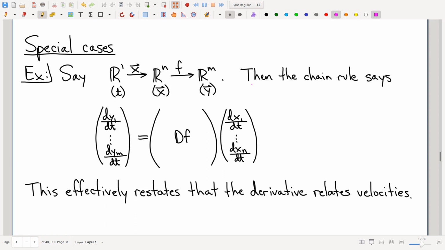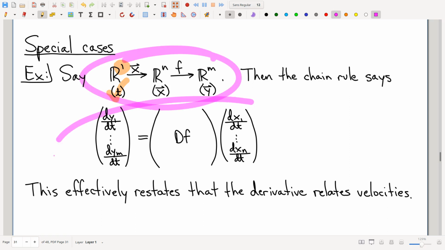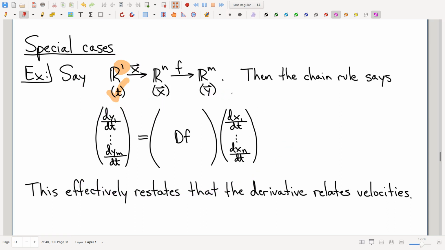So here we go, starting with what happens if you have one and only one input variable. What does the chain rule turn into in that case? Well, you can just write out the chain rule here for this sequence of functions. Note specifically that this first function only has one input variable.